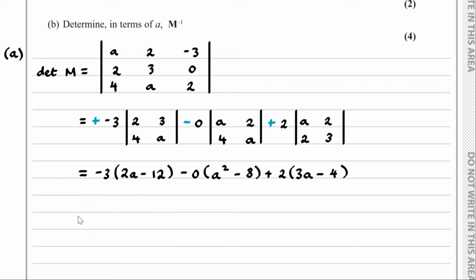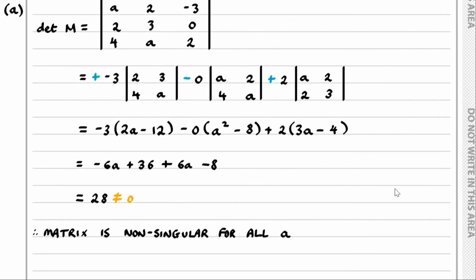And so if we work out what this is, we have -6a subtract 36 plus 6a, rather here we've got plus 36, subtract 8, and it turns out we get 28. And because this 28 doesn't equal 0, we can therefore conclude that the matrix is non-singular for all a.